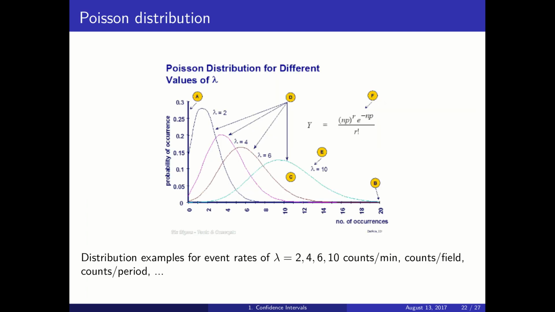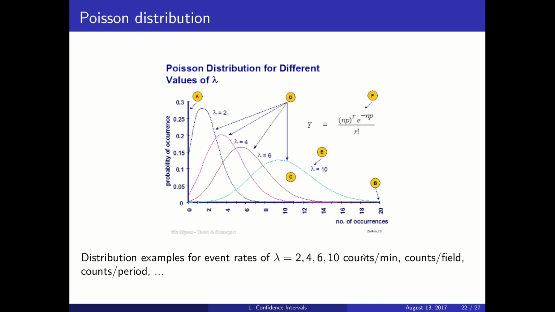Here we have several Poisson distributions for different fixed rates. The fixed rate is called lambda. Lambda in this formula has been represented as NP, and the formula is NP; here it is lambda. Lambda explains the count rate. So we see 2 counts per minute, or 4 counts per minute, or 2 counts per field, or 2 counts per period.